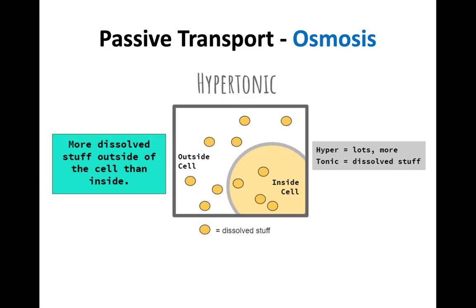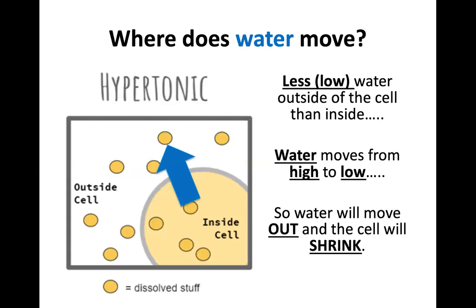So more water in here, so that means the water wants to go where? Wants to go out, okay? You said that, right? So there's more solute here, less here. So if there's more solute, there's less water. Less solute, more water.